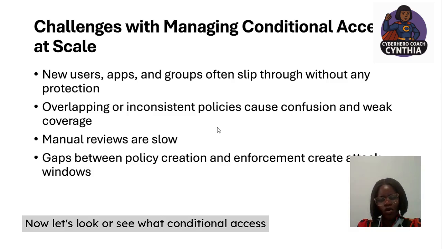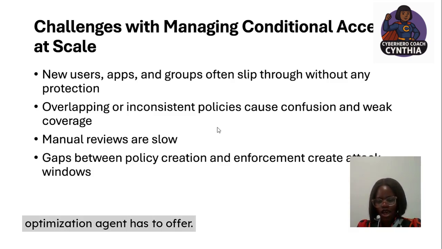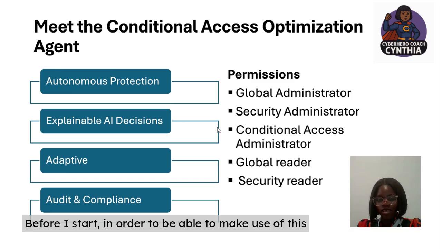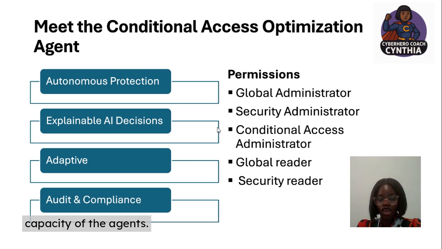Now let's see what the Conditional Access Optimization Agent has to offer. Before I start, in order to make use of this agent, you require the Microsoft Entra ID P1 license and also the Security Compute Unit to manage the capacity of the agent.